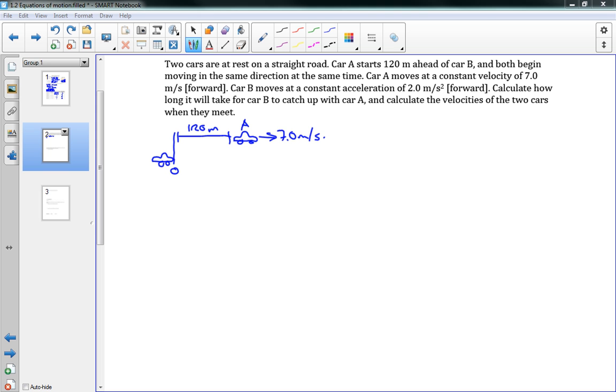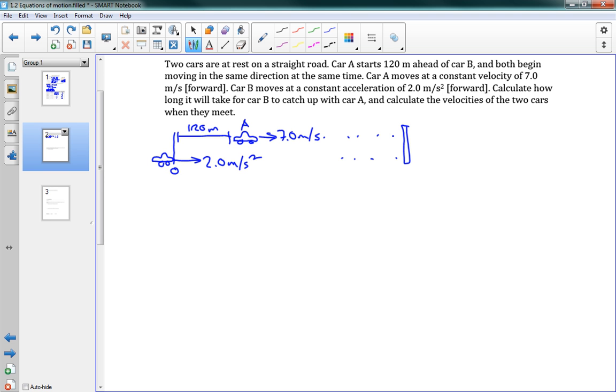Car B is moving with no initial speed, but it is accelerating at 2.0 meters per second squared. So now we have some bits of information. The question is, where are they going to meet up? Where are they going to have the same displacement?